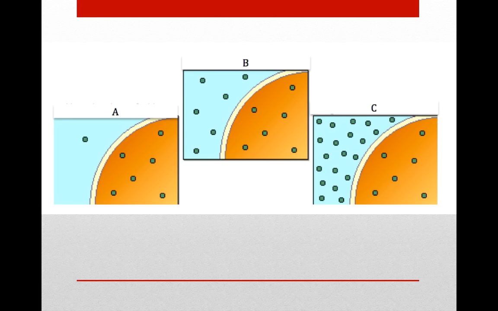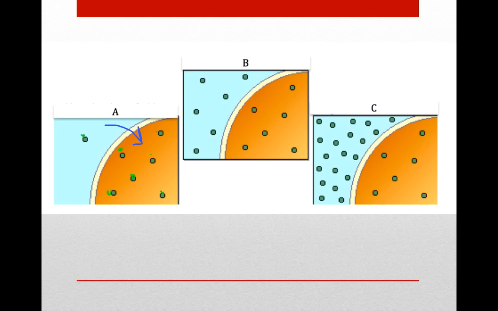If I look at A, there are definitely more green particles on the inside of the cell than on the outside. It is more concentrated inside, so the water wants to separate. It wants to be in equilibrium, so the water is going to go into the cell.